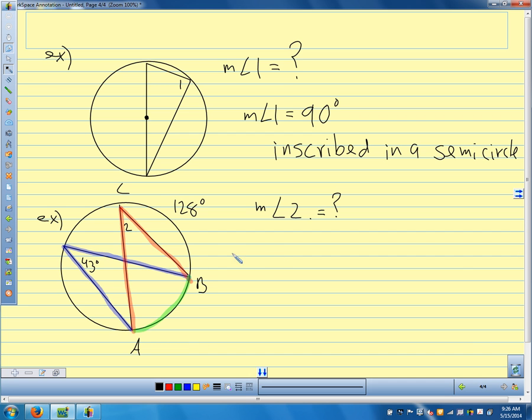So they both intercept arc AB. Two inscribed angles that intercept the same arc are congruent. That was our first corollary.